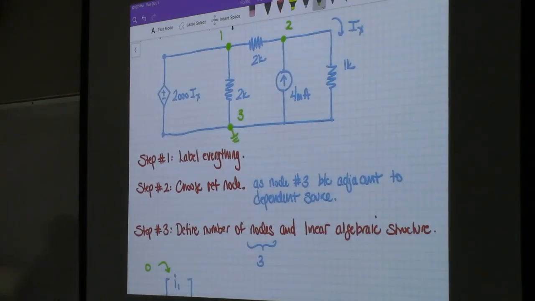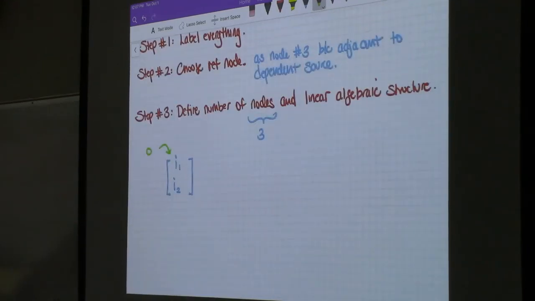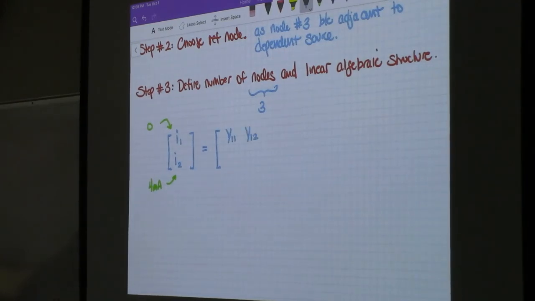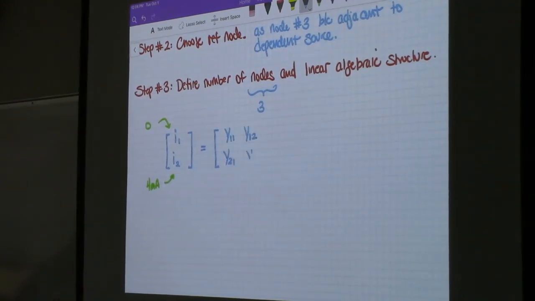And then for node number 2, it's 4 milliamps, right? Normally, we would have a 2 by 2 admittance matrix, Y11, Y12, Y21, Y22.